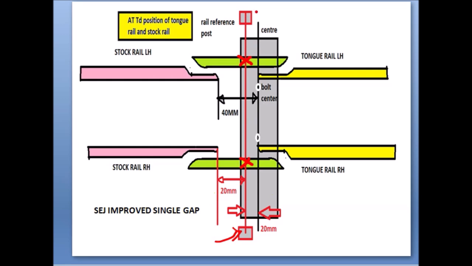The location is at a distance of 20 mm from the mean position. This is our center line, and from here at 20 mm towards the stock rail side, we fix this reference line.